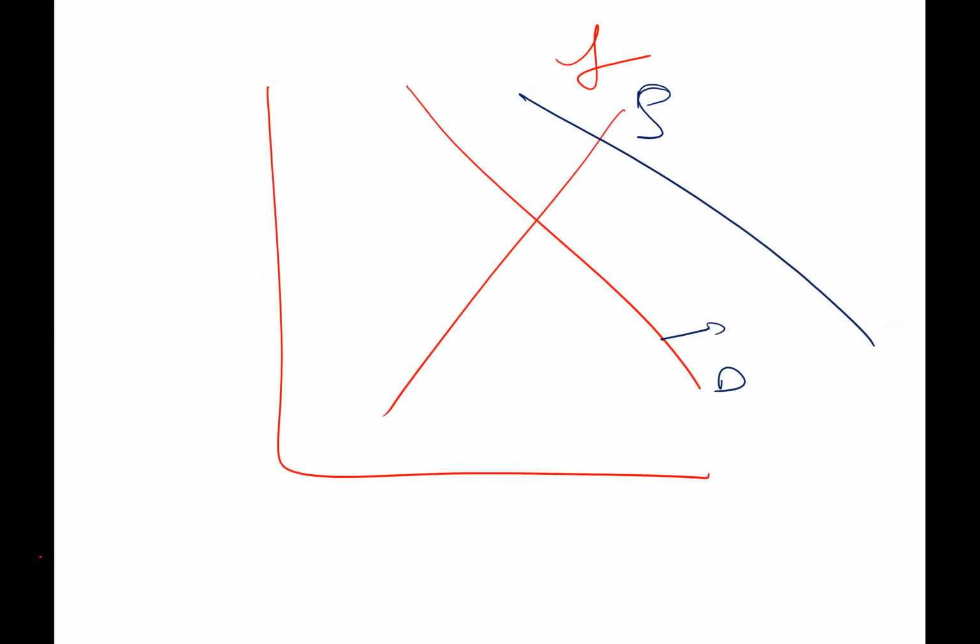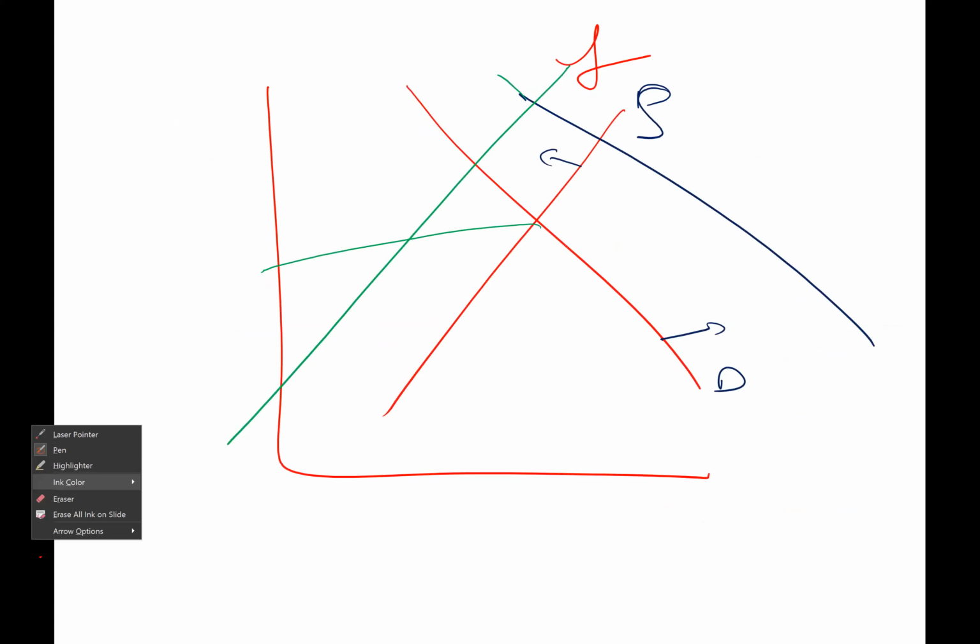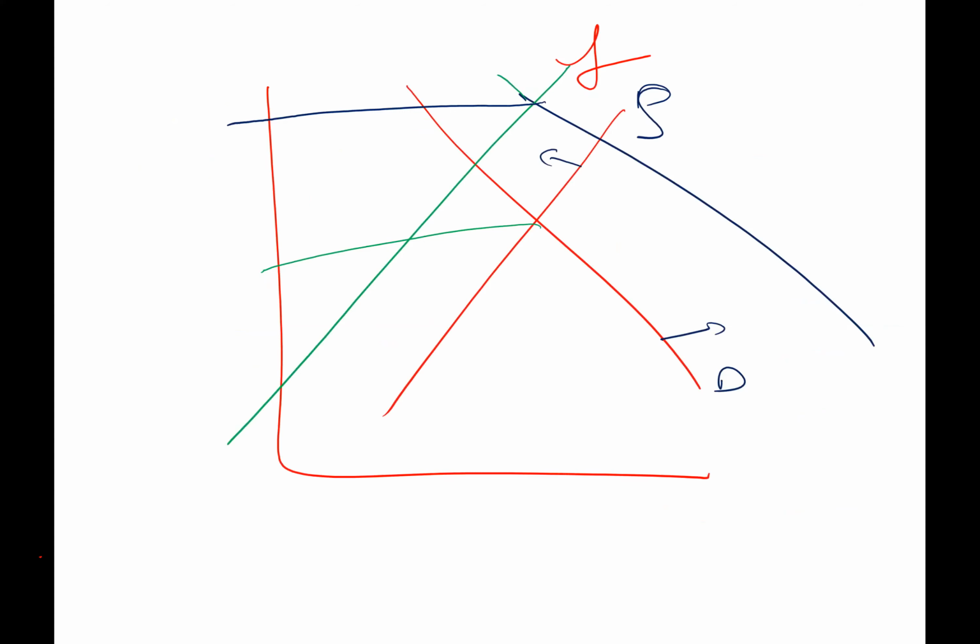Supply decreased. What happened? We have a new equilibrium and our price has increased. So it means the price of pound will be increased.